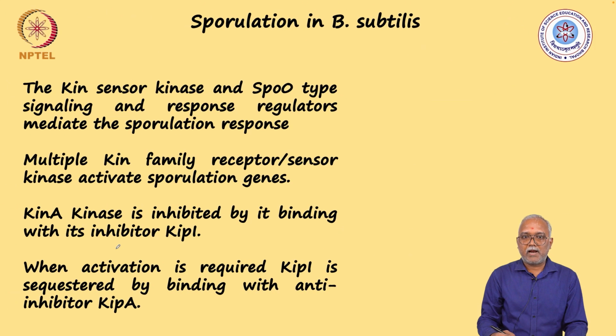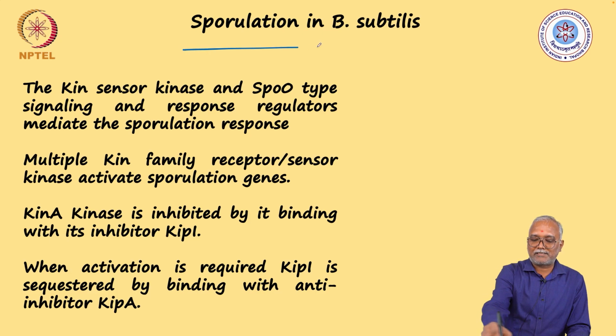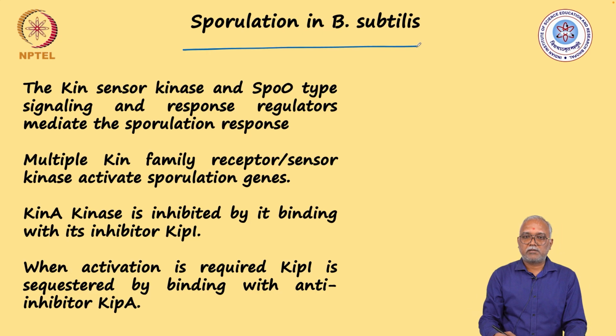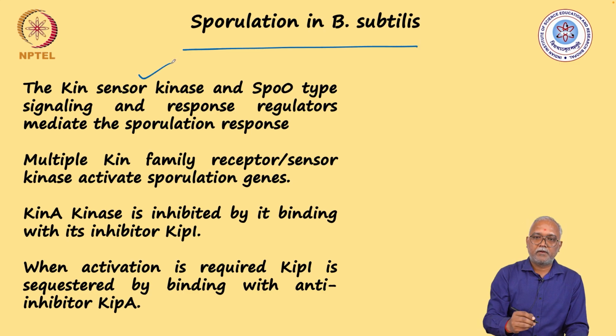What happens here is that many of the sensor kinases are involved in the signaling. If you recollect, we discussed that in signaling there could be multiple receptors boiling down to a single response regulator or effector molecule. So the sporulation process in Bacillus subtilis presents a case of that type, where multiple sensor kinases, briefly labeled as Kin.